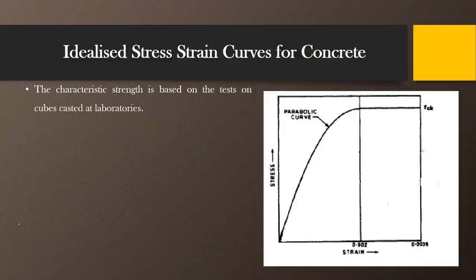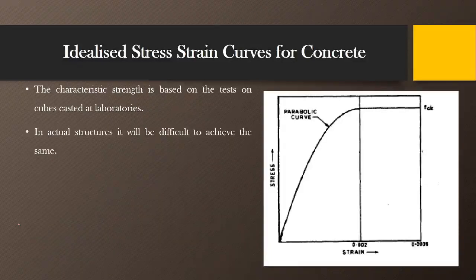Then, as we know, the characteristic strength that we normally use is based on tests performed on concrete cubes which are cast in the laboratory. Means the concrete is prepared in standard conditions, and on those standard cubes we perform the test so that we can get the characteristic strength.